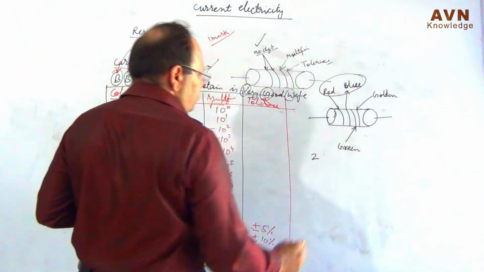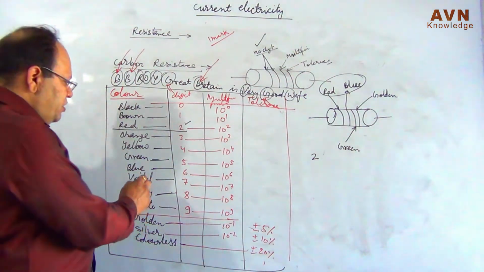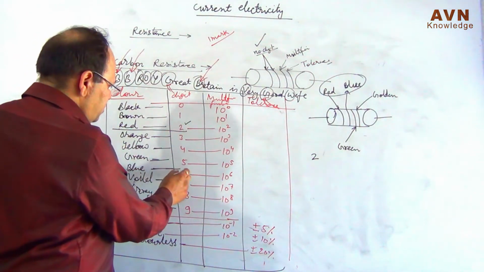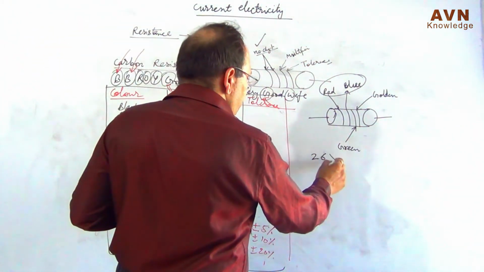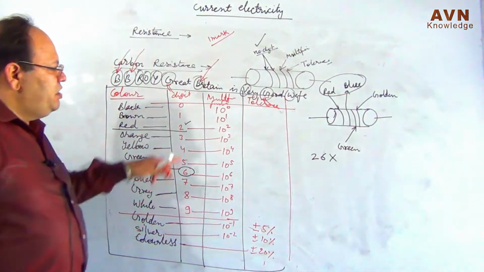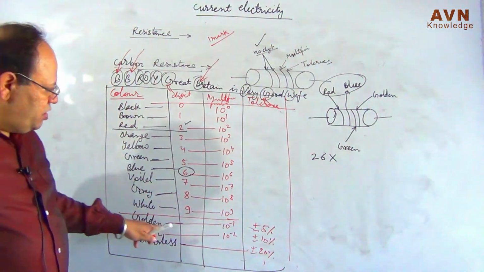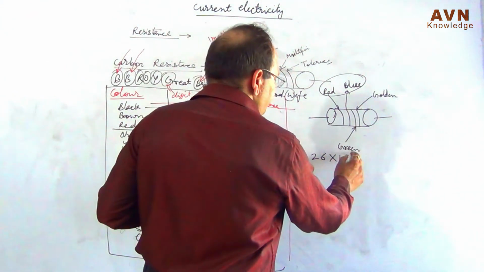The second is blue, which is number 6. So we get 26. The third is the multiplier factor.